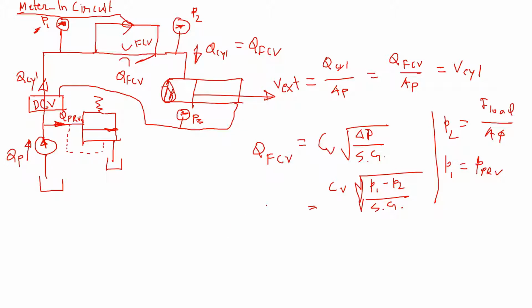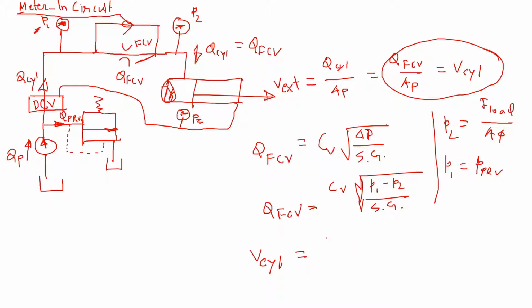So if we want to calculate the velocity of the cylinder, we can replace that Q there. So you can say the cylinder velocity is basically Q divided by AP, so this part divided by AP.